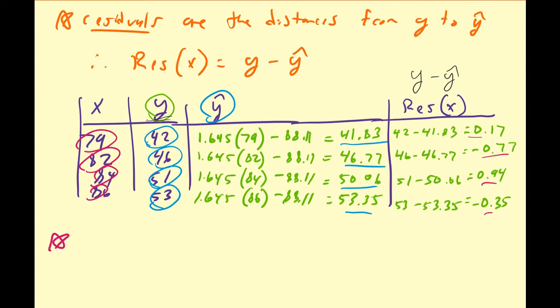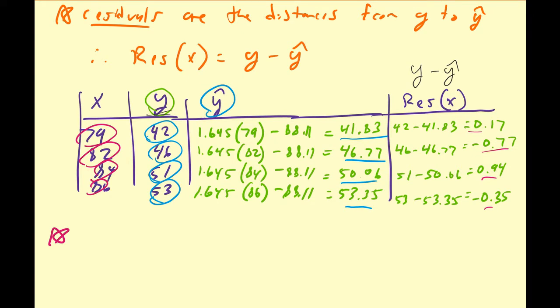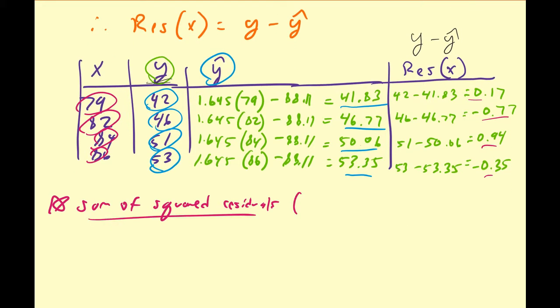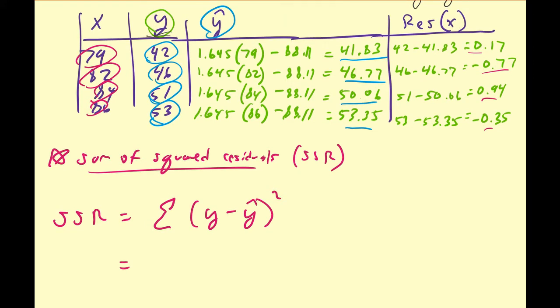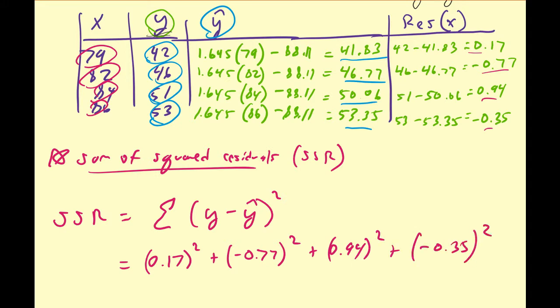There's another calculation that measures the total distance across all of our points, and that's what we call the sum of squared residuals, which some people abbreviate as SSR. The SSR is defined to be equal to the sum of the differences between y and y hat squared. Based on this, it is 0.17 squared plus negative 0.77 squared plus 0.94 squared plus negative 0.35 squared.